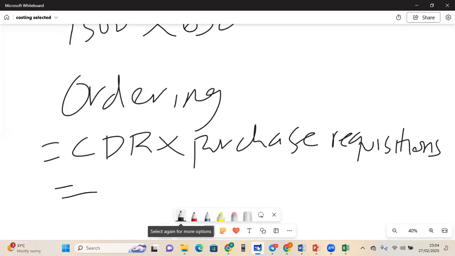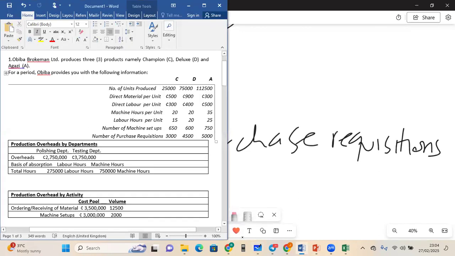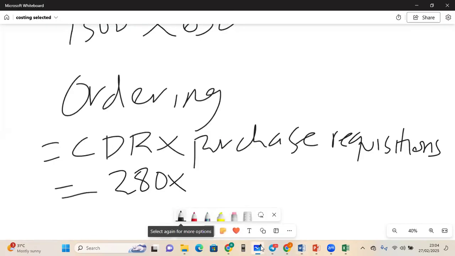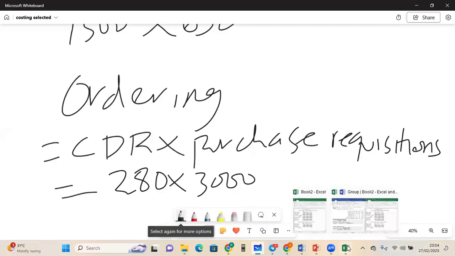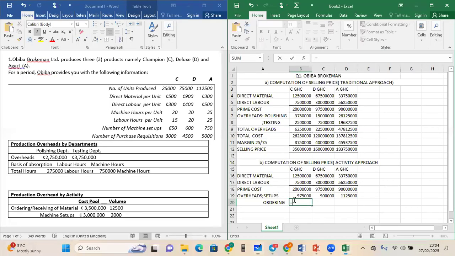So for the first one, for example, it's going to be 280 times, we have 3,000 here. So it's going to be 280 times 3,000.